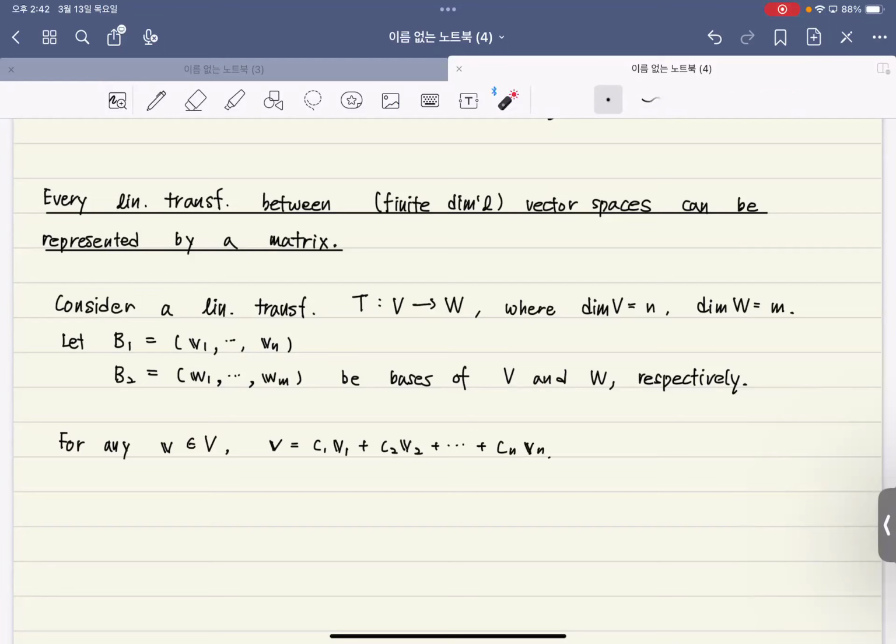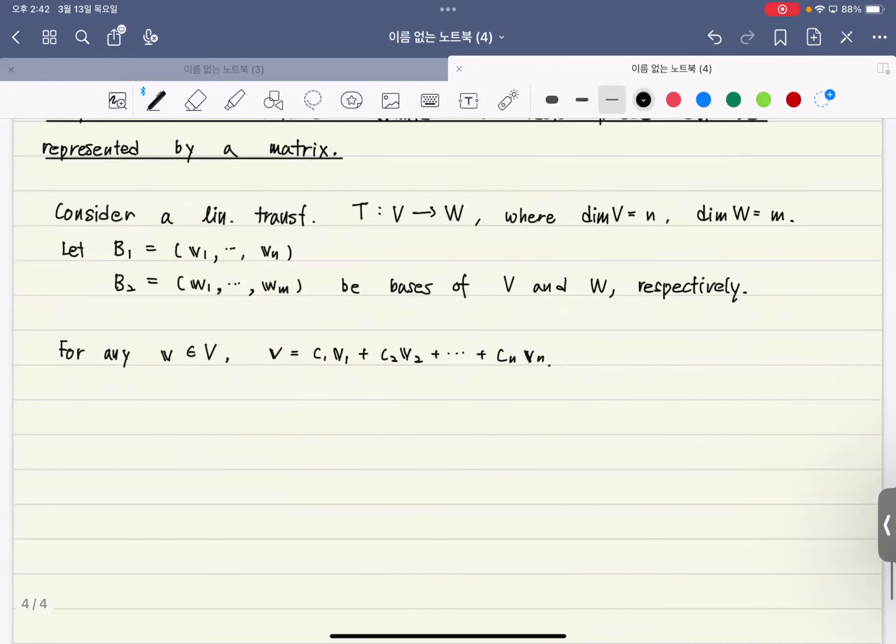So a tuple of these n coefficients can be identified with this vector. This is why bases are so useful in practical computation.